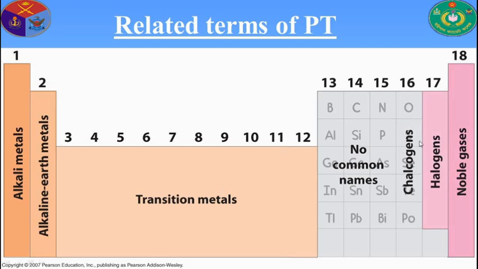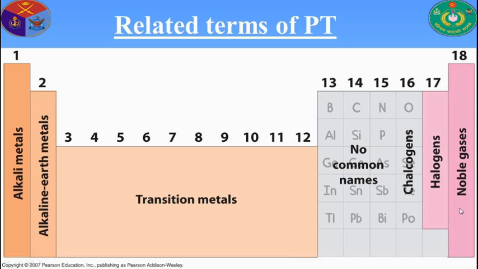Now chalcogens: the elements of group 16 are known as chalcogens, and the elements of group 17 are known as halogens. Halogens means salt maker. The last group, group 18, is known as the noble gases, which include helium, neon, argon, krypton, xenon, and radon.